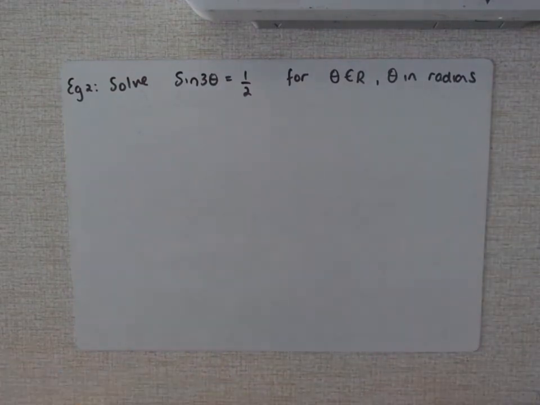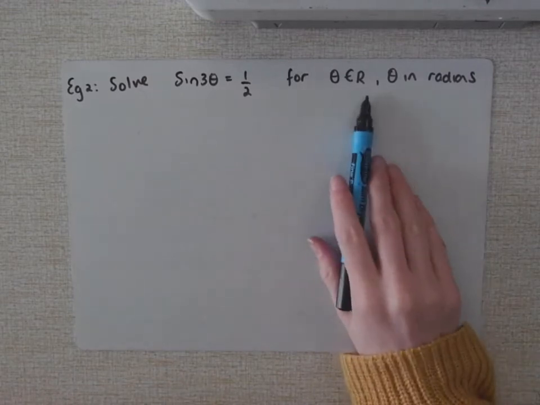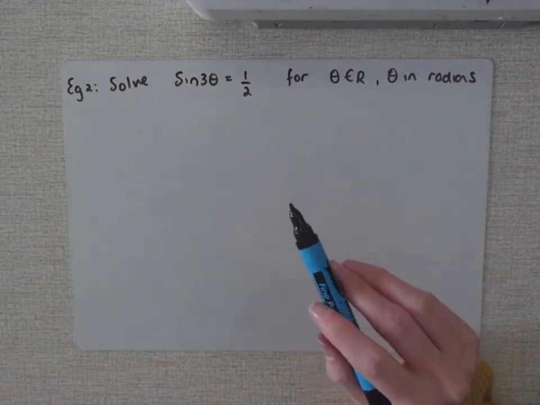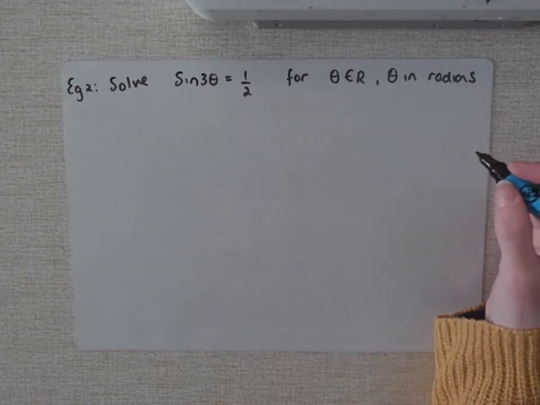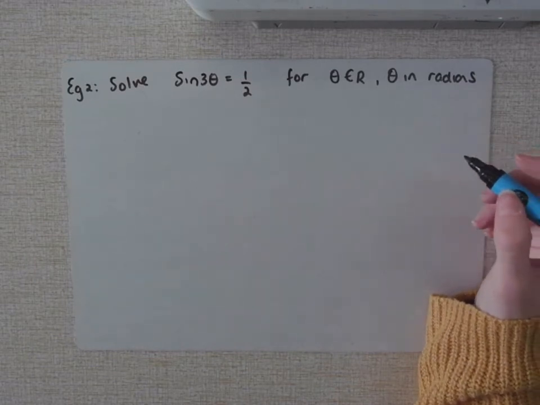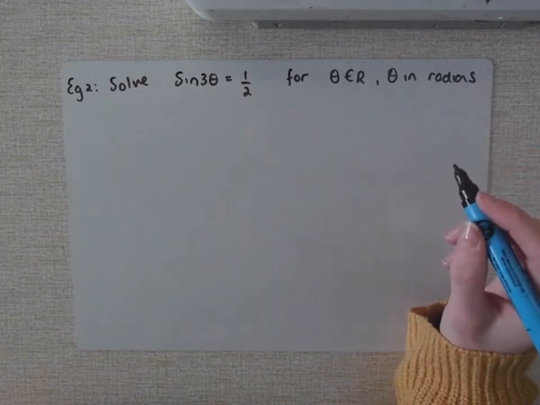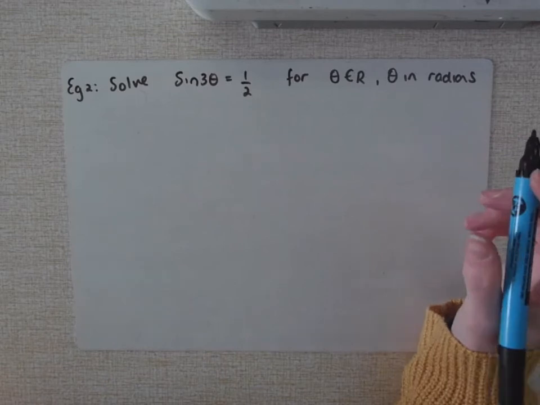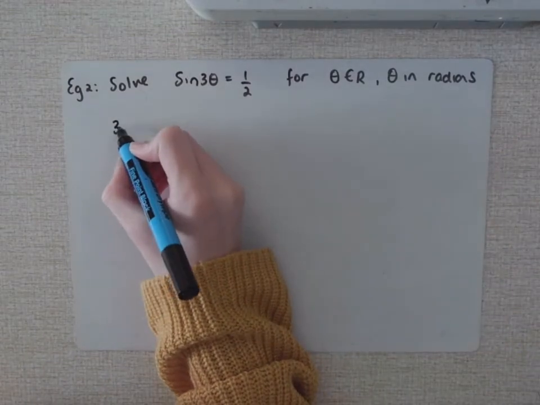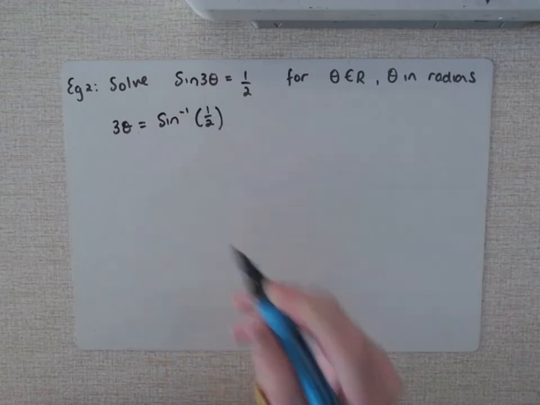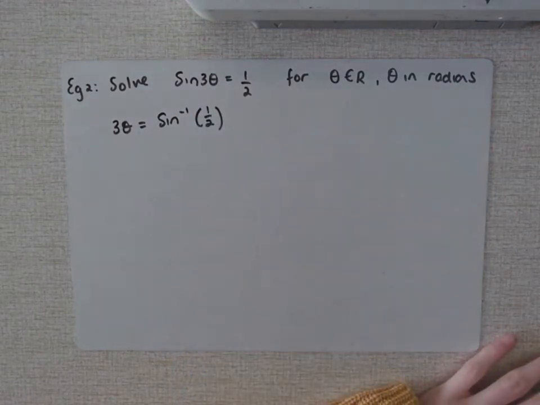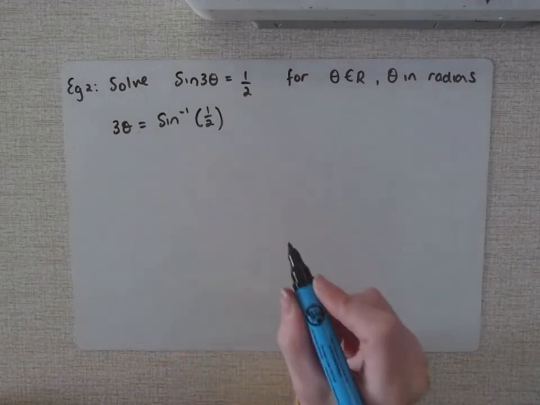Okay, solve. Sine of 3 theta equals a half. Theta is an element of r and theta is in radians. What you're going to do is you're just going to get 3 theta first, which is 30 degrees.